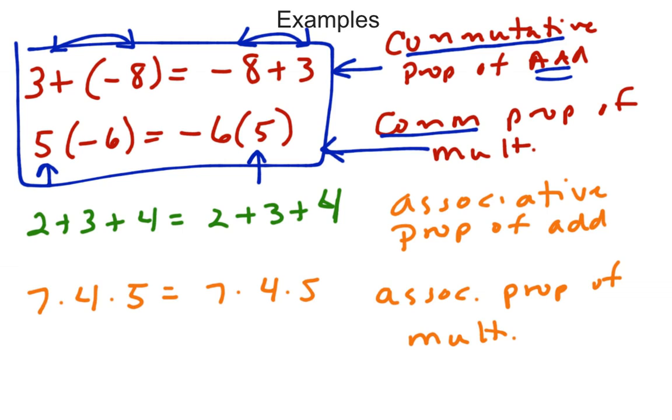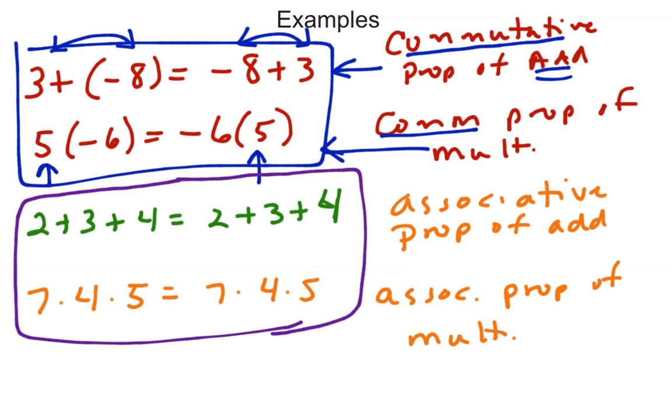The second group of examples is for the associative property. We have two examples right here, one of addition and one of multiplication. So we are going to group. Now my grouping's not there yet because I wanted to show how this works.